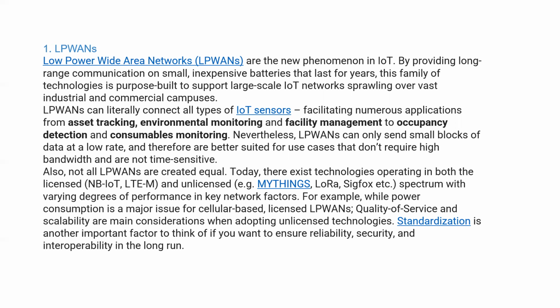That is the main objective here. These wide area networks provide long range communication. They have a smaller data rate, low power consumption, and good battery life, and still provide better connectivity.